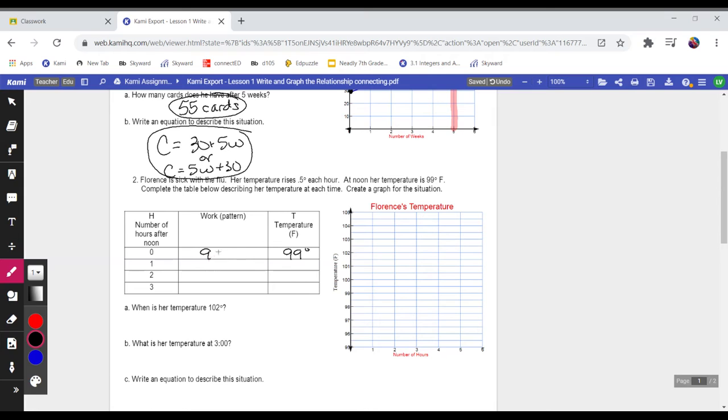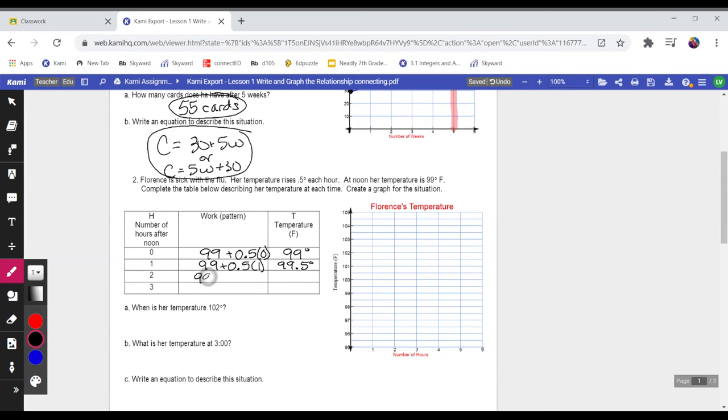So that means we're starting at 99 degrees and we're adding 5/10 of a degree times 0 because we aren't changing that. Then we want to increase the next hour by 5/10 of a degree. So I'm taking my 99 degrees and I'm adding 5/10. So that's going to give me 99.5 degrees.